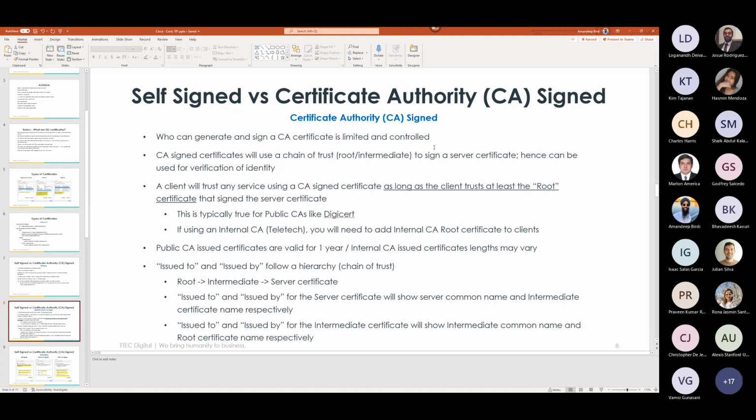Because the reason for having a cert signed by a public or internal CA is not only do you have multiple levels of verification by having a root and intermediate, but you also control the actual private keys for those certs.